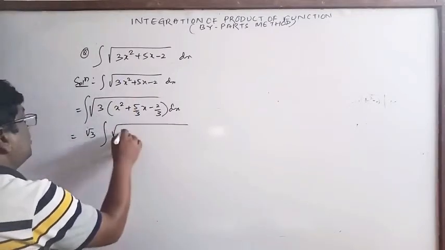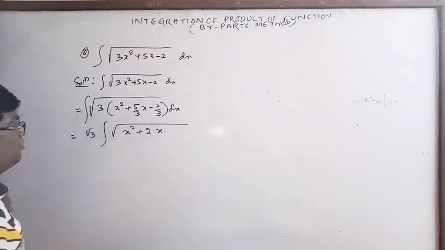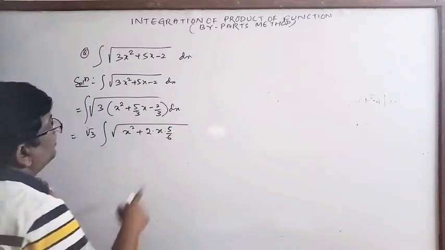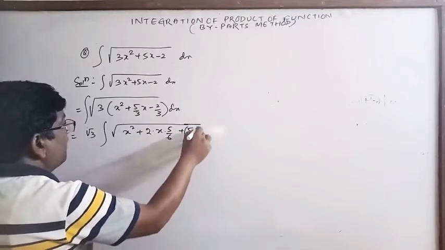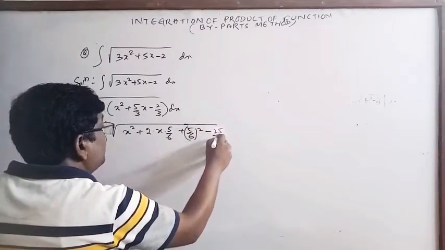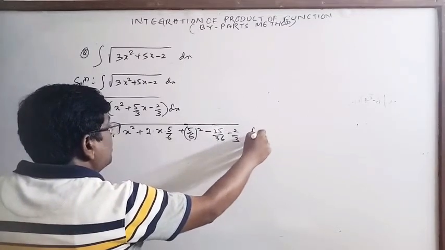Root over x square plus 2 into x into 5 by 6, so 5 by 3 x becomes 2 into x into 5 by 6. So we add and subtract 5 by 6 whole square, that is 25 by 36, minus 2 by 3, dx.